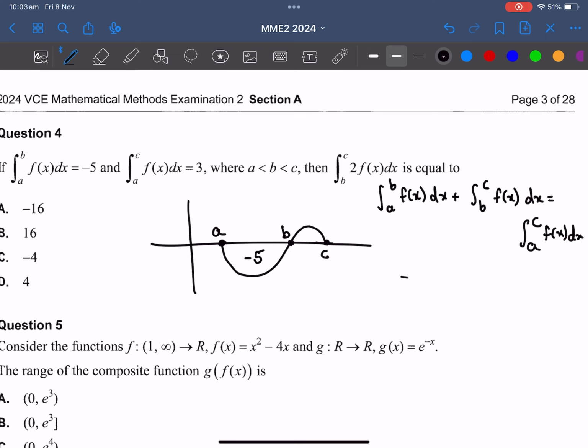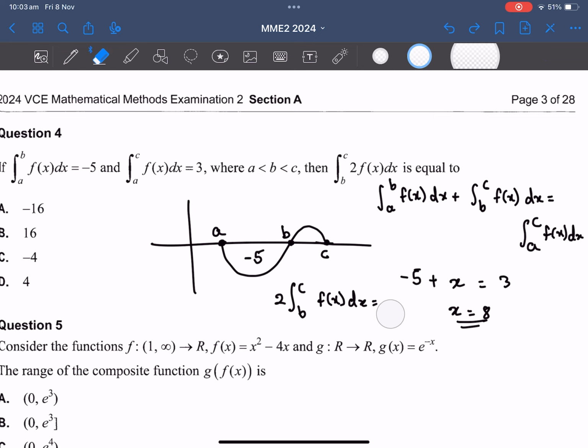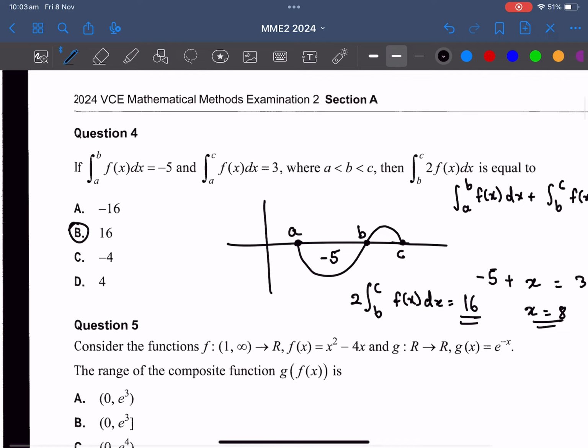So a to b we have -5 plus, I'm going to call this as x, so plus x, and then that is equal to 3. So our x is going to be 8. So integral from b to c of f of x dx is going to be 8. And we have to find 2 times of that as required by the question. So our answer would be just 8 times 2, which is 16. So option B. Okay, cool.